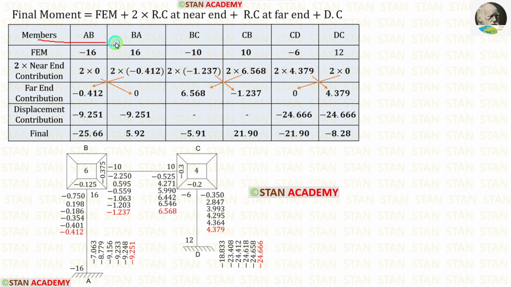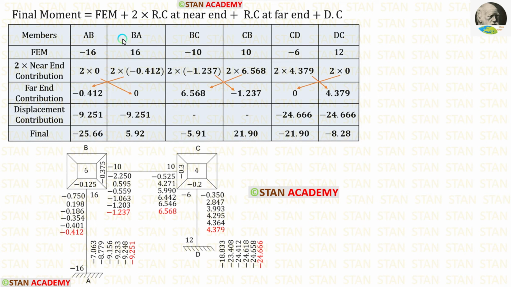In the table, first let us enter all of the members, then the fixed end moments, then 2 into near end rotation contribution, then far end rotation contribution, then the displacement contribution, then the final moments. The near end rotation contribution for AB and DC will be 0 because in the fixed ends there will be no rotation contribution. So 2 into 0.